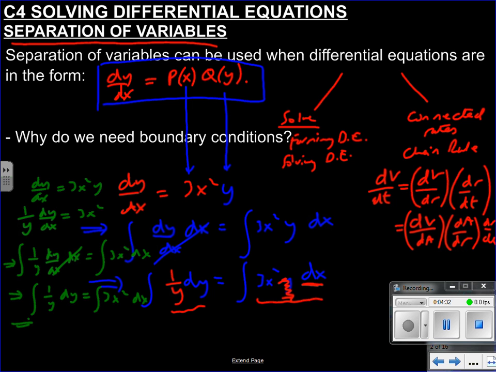And now we can integrate that thing, so we know that's ln|y|, don't forget your mod, is 3 times x to the power 2 plus 1, so that's cubed, divided by 3, plus c. So we get ln|y| is x cubed plus c.